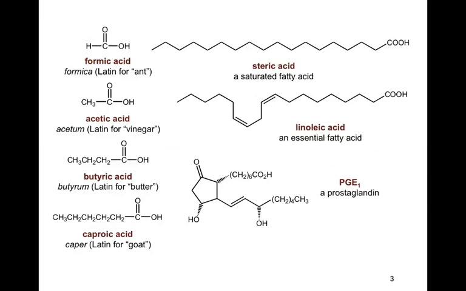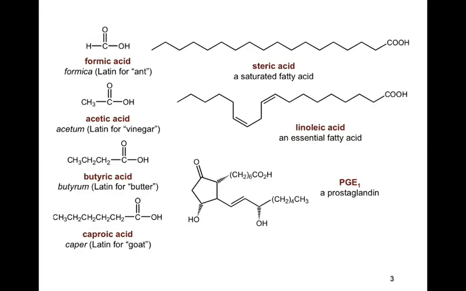Our bodies do produce a wide variety of carboxylic acids. One of the more curious classes of carboxylic acids are the compounds you see here. Here's the carboxylic acid group. This is known as PGE1. It is a prostaglandin. The name prostaglandins comes from the prostate gland, where they were first isolated in the 1930s, and they were thought to originate there.